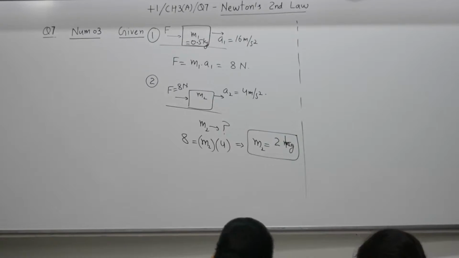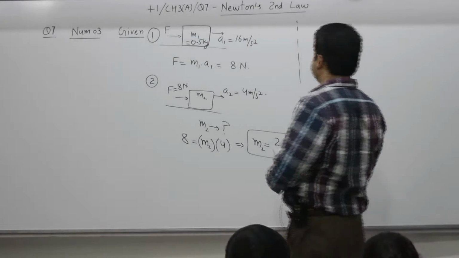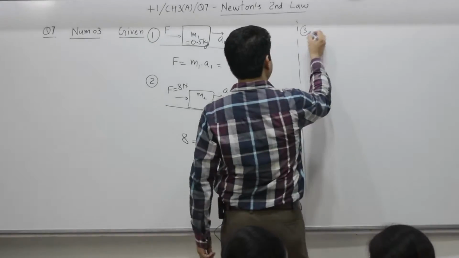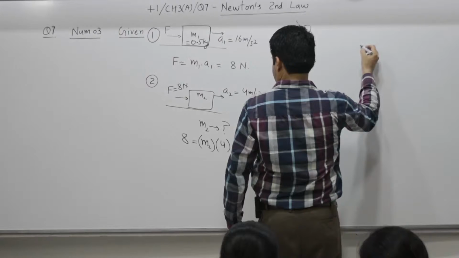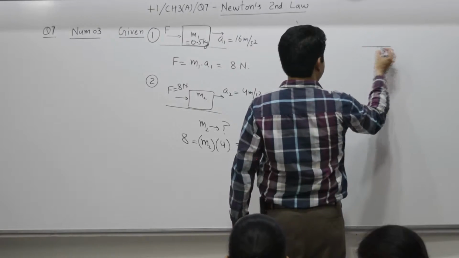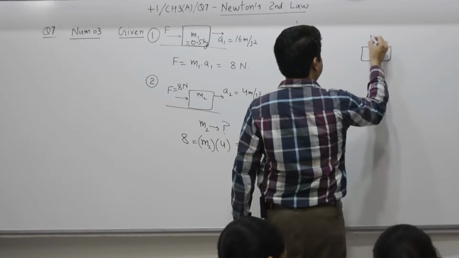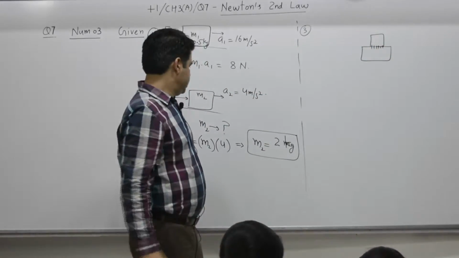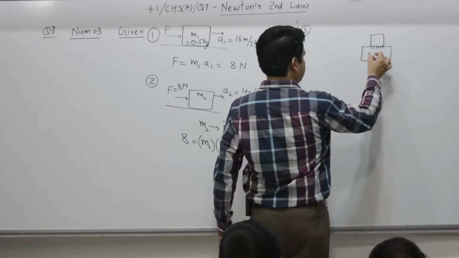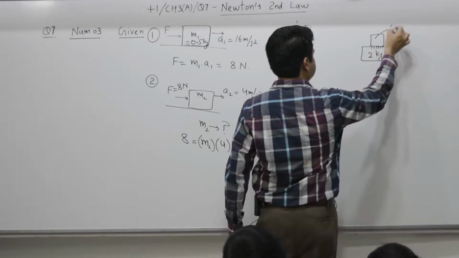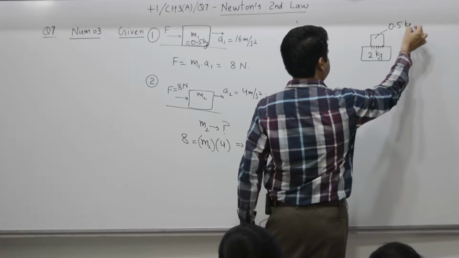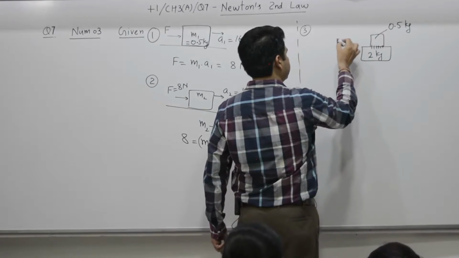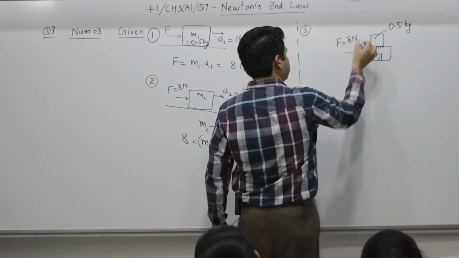If you tie the two objects together, experiment number 3, both M2 and M1 are fastened together. M2 is 2 kg, M1 is 0.5 kg. Now you apply the force F, which is 8 Newton.